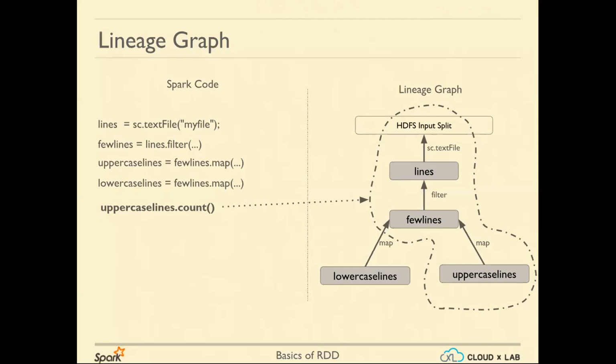Unless we execute uppercaseLines.count, it will be only a few bytes because it's like pointers, right? The memory will be used during the count process. Every time we call count, it's going to execute the entire process from the beginning till here.